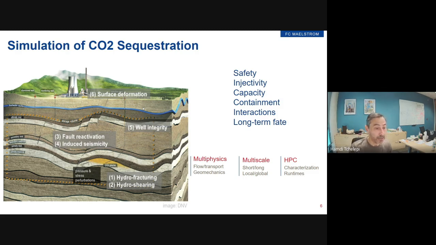So the challenges here involve a lot of aspects. Some have a lot to do with the geology, understanding the details and the properties of the target formation and its surroundings. If you have not heard anybody talk about flow in porous media, think of subsurface formations as your kitchen sponge that you use to clean dishes with.